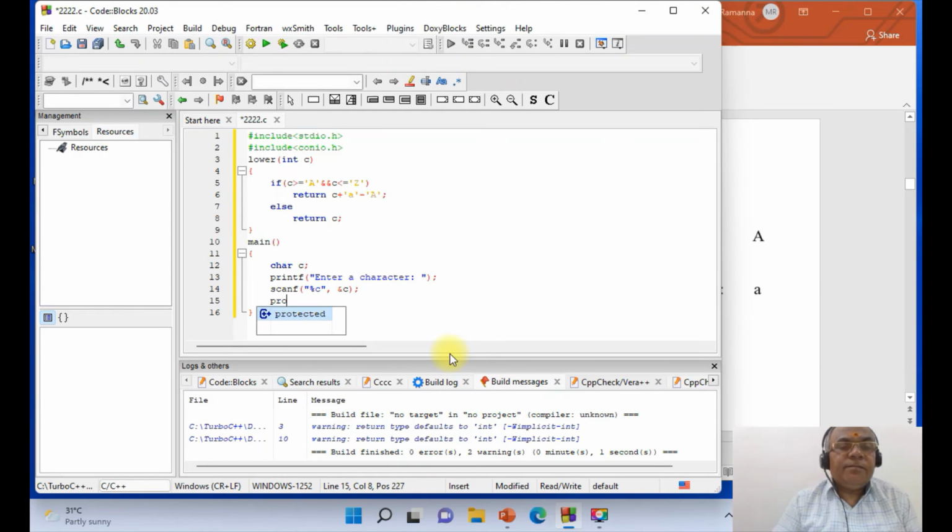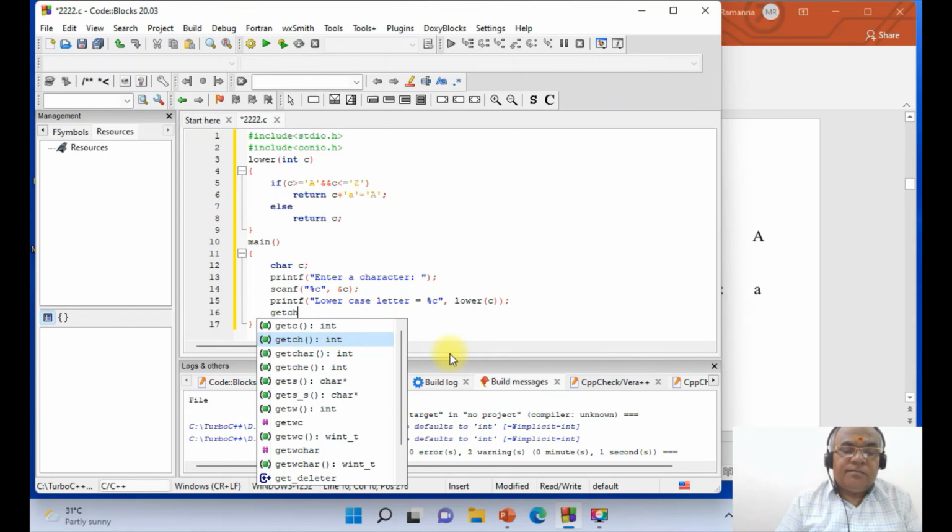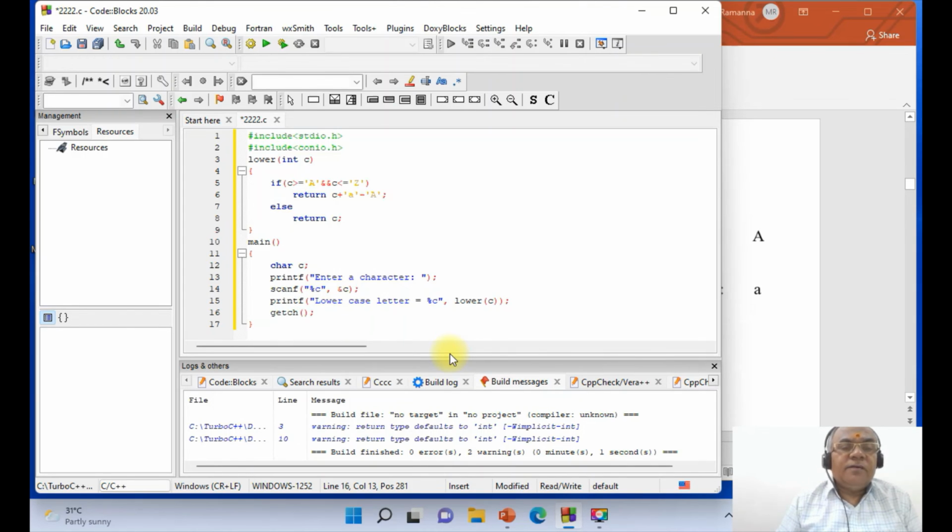Then printf lowercase letter equals %c, lower c, okay, and getch function. So always the difference should be equal to 32.